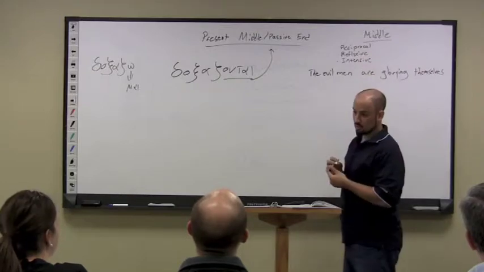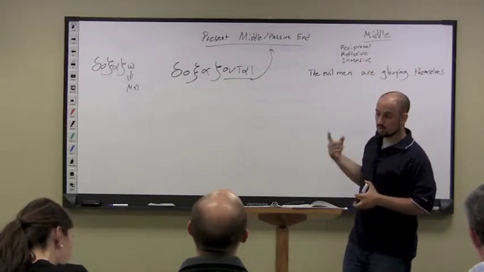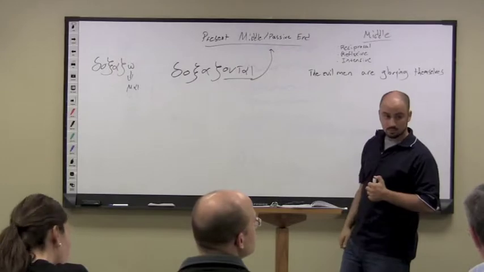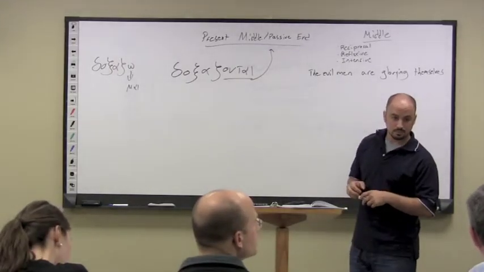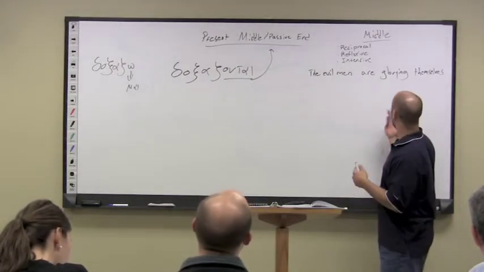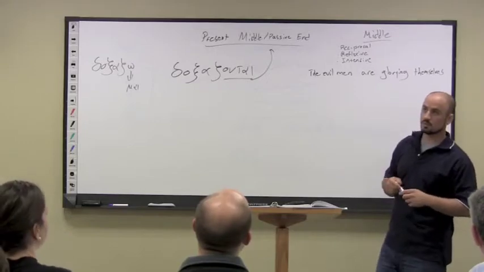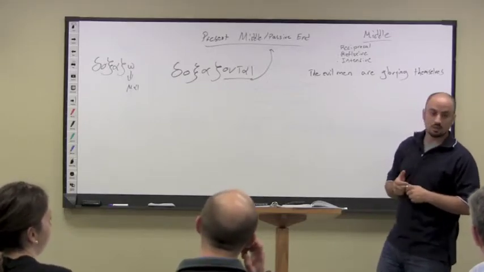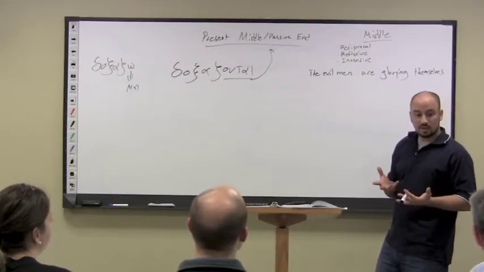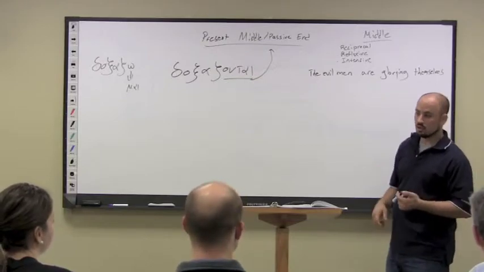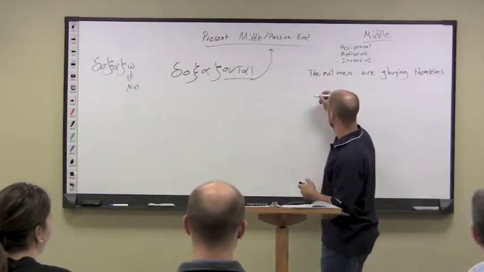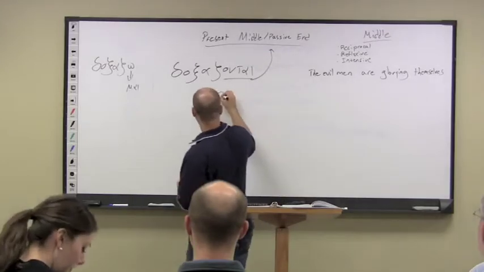So you would pick from those different uses of the middle. I said object because I said there's no object of glorifying, well, in this sense. So would that be the tip-off? That would help. But you could also have a different translation, which would be the passive.